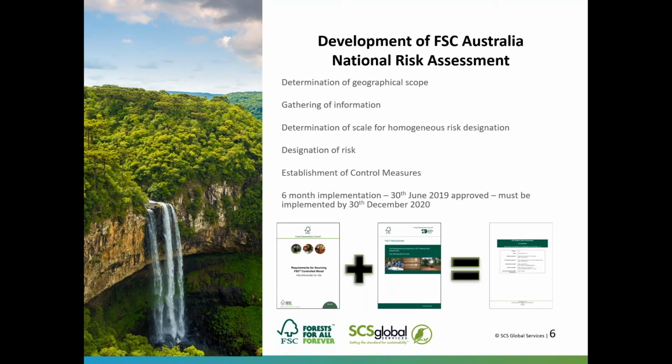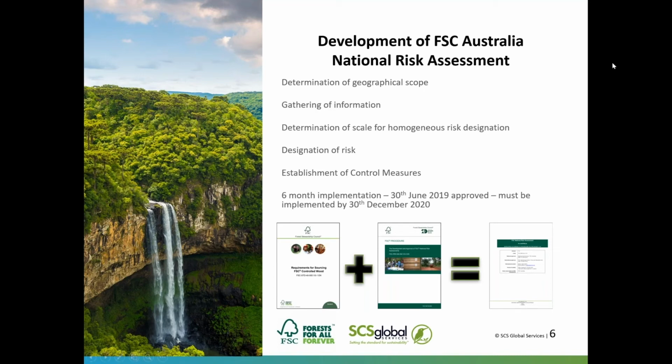It's following the procedures in the development and approval of the risk assessment, and that it's calibrated across these two documents and globally, so that the standard is being applied equally in each country.